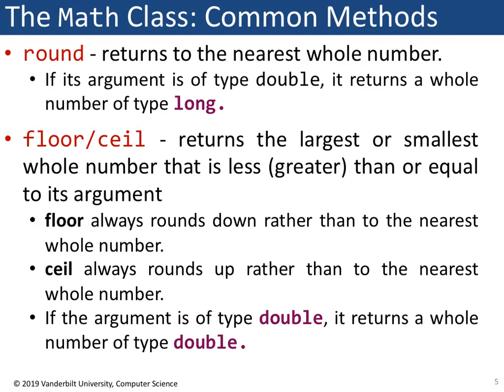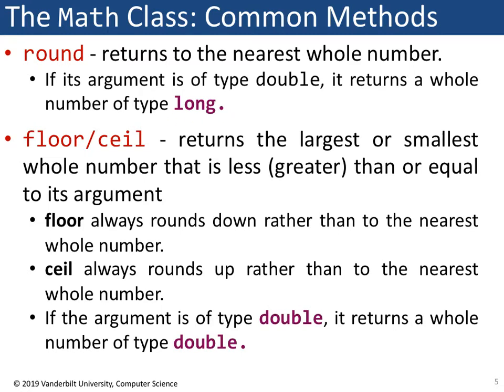Long because a double precision floating point number may be too large to represent as an integer. So if you pass a double to the round method, it will produce an output which is the rounded version of that double as a type long.